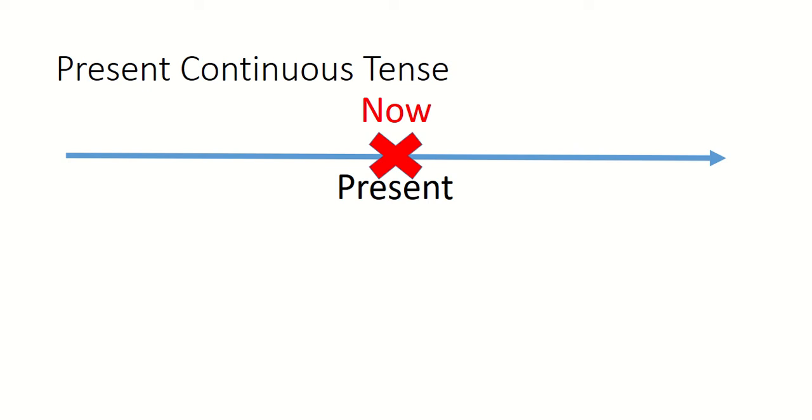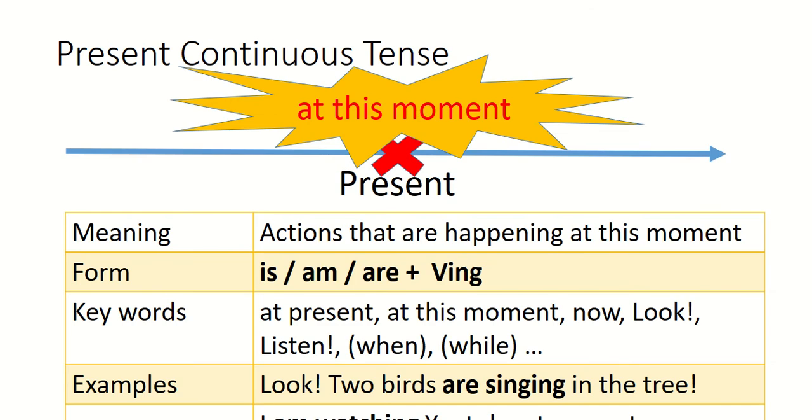It just means something that is happening now, but it doesn't always mean the continuous. So I would say at this moment is a better word than now. At this moment means there's something that is really happening, the moment that we are talking about.